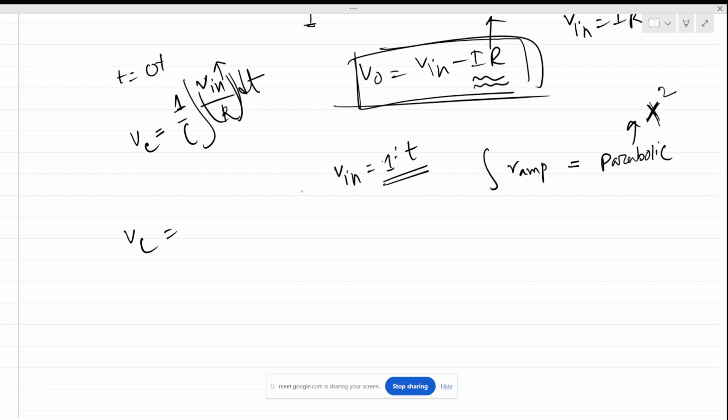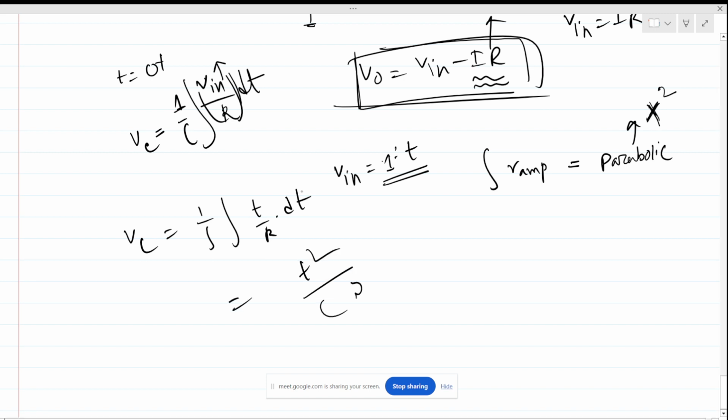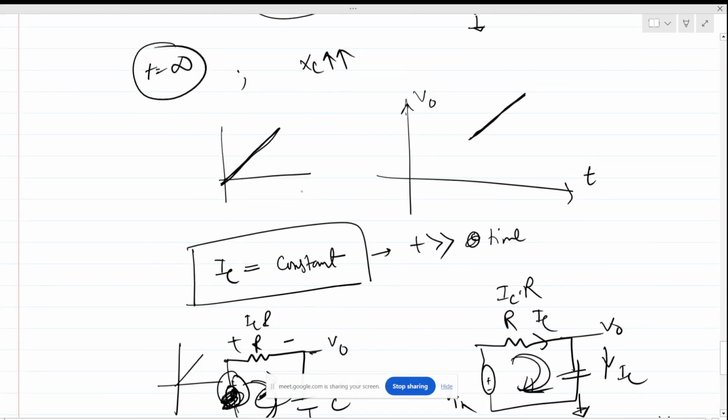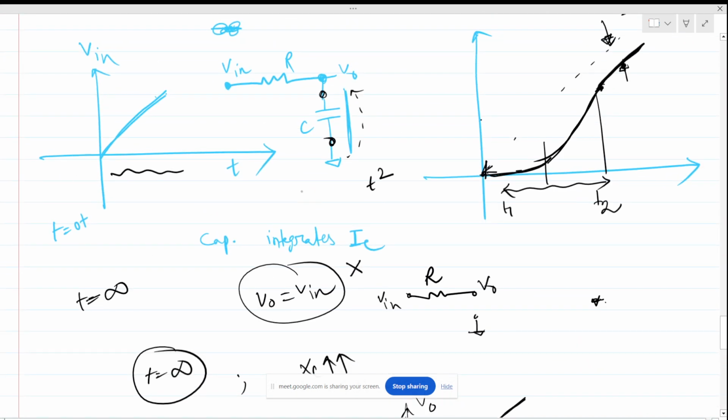So V C will be nothing but 1 over C integration of t dt. If we integrate, this will be a t square term, divided by something. So this implies there will be a parabolic shape for a small duration of time.